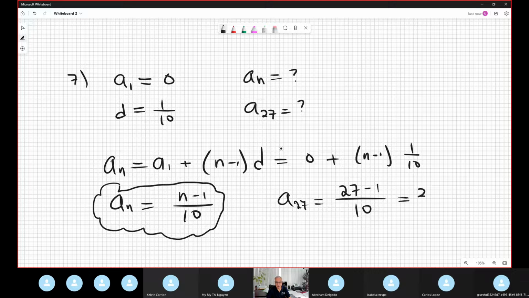And 27 minus 1 is 26 divided by 10. When you reduce this fraction to lowest terms, it's 13/5 because both numbers are divisible by 2. 26 divided by 2 is 13, 10 divided by 2 is 5. This is the lowest term, and this is the answer: 13/5. Any question?